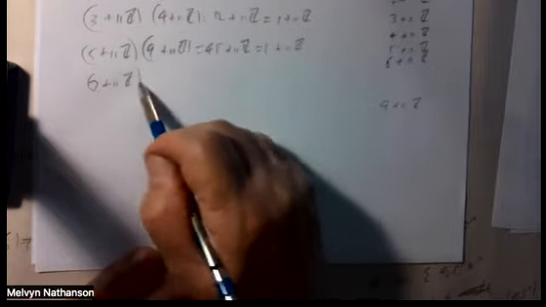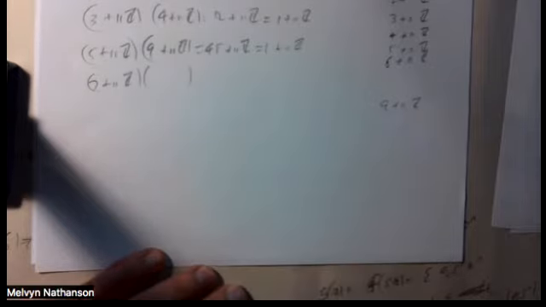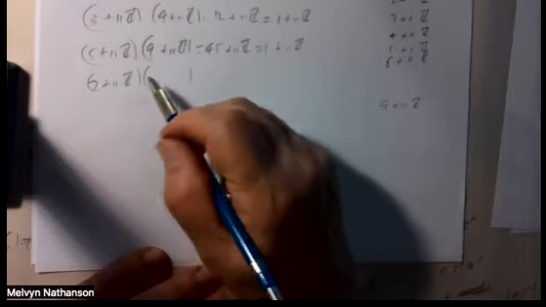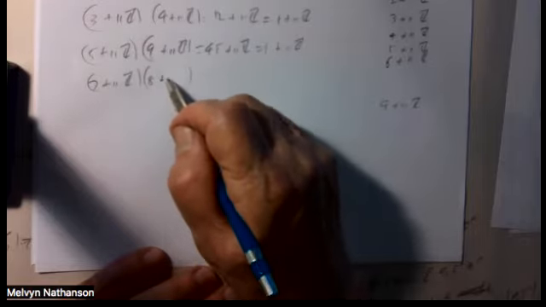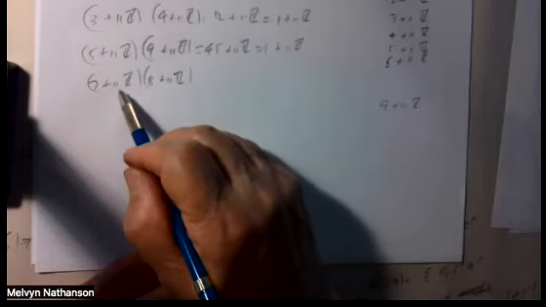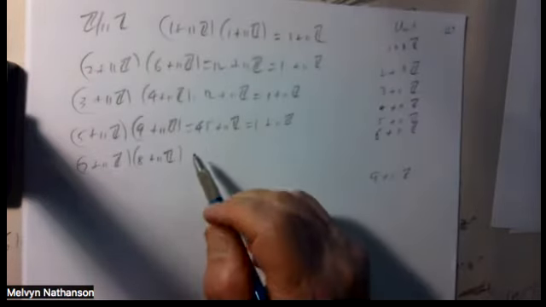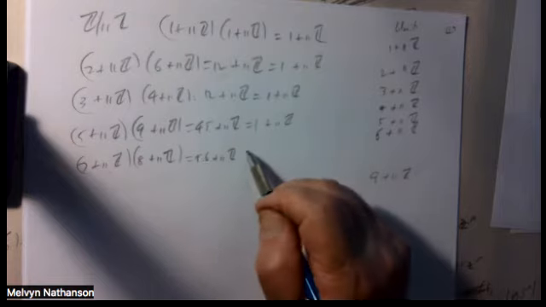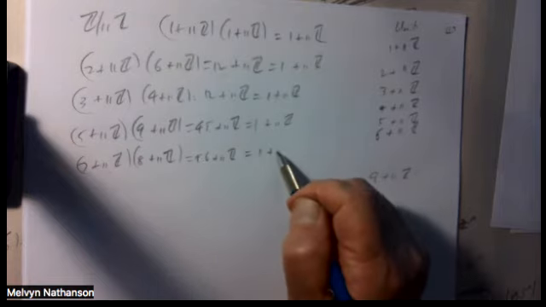7 plus 11Z, is that a unit? Well, 8 plus 11Z times 7 plus 11Z, 7 times 8 is 56. And 56 is congruent to 1 mod 11.